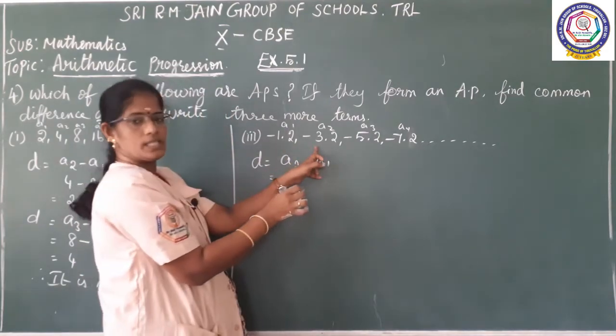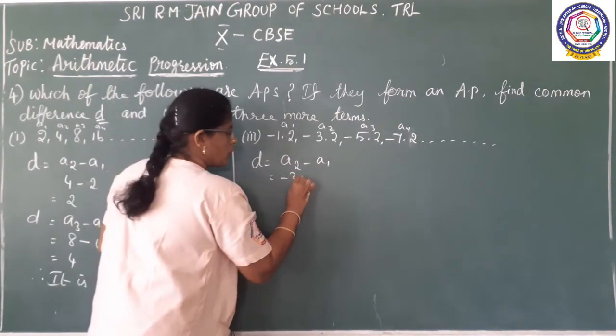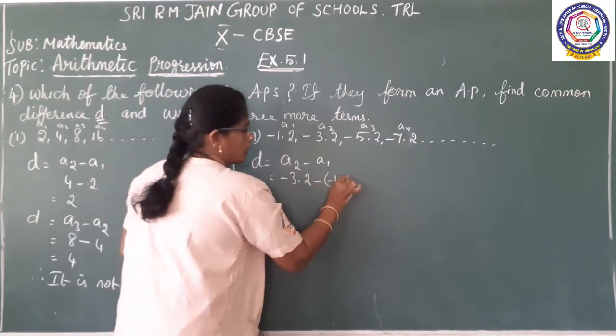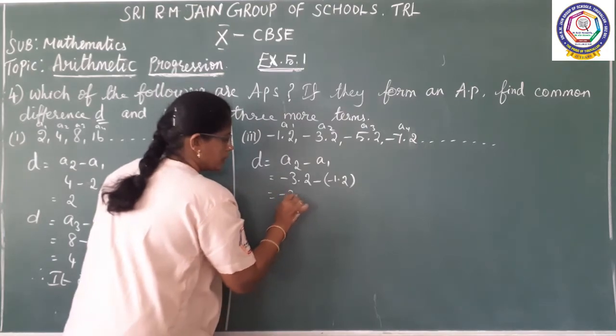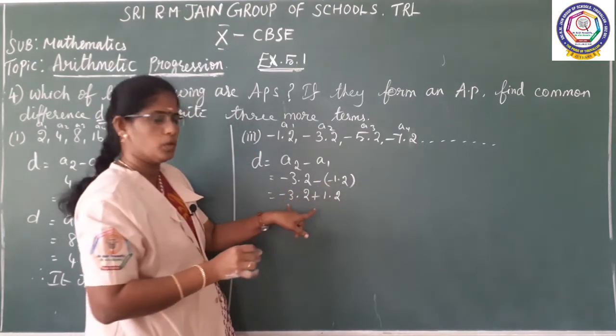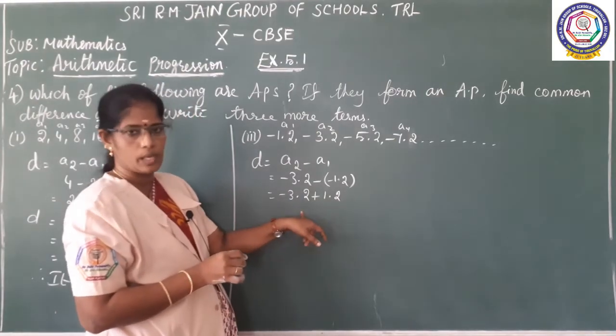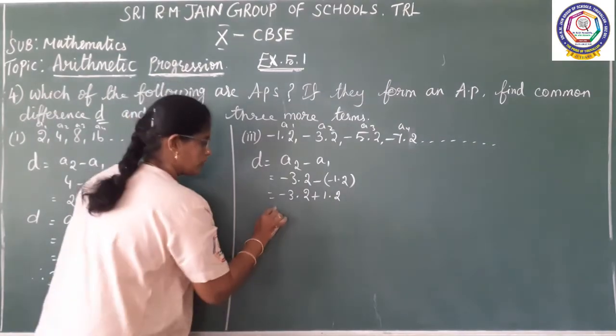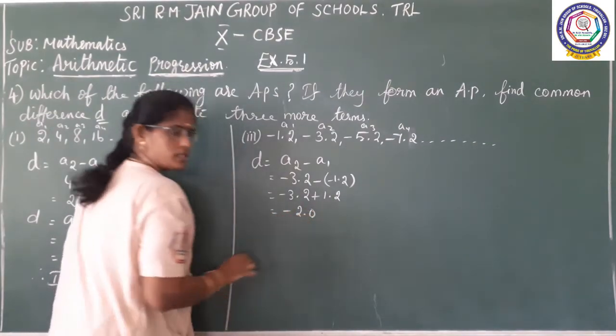That is equal to, what is A2? Minus 3.2 minus of minus 1.2. So minus 3.2 minus into minus, plus 1.2. Now both are alternate signs. We have to subtract. Minus 3.2 plus 1.2, that is equal to minus 2.0.